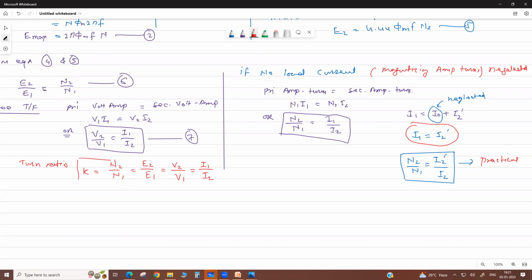This is the turn ratio, but it is for the ideal case. Here I2 dash is the component of the secondary load current as referred to the primary side, the effect of the load on the primary side. It means the secondary current as referred to the primary side.